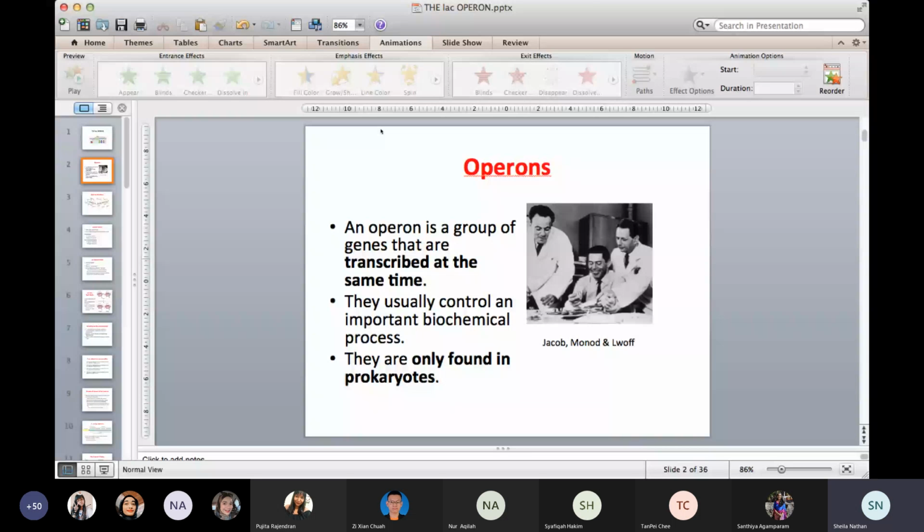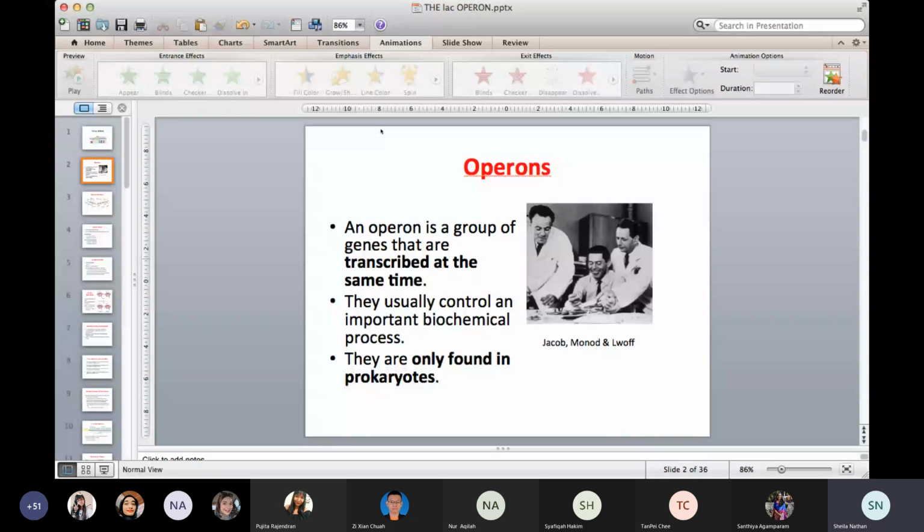For example, if you have an operon with 3 genes, remember we're talking about bacteria. Each gene is going to code for 1 protein, and the 3 proteins have to work together to produce one product or one biochemical process.